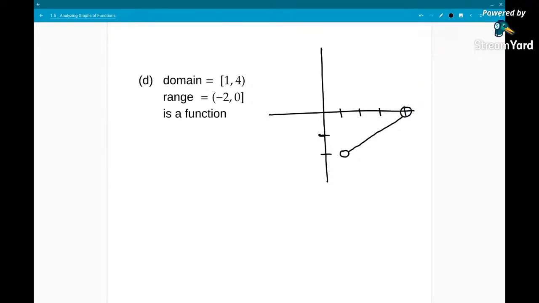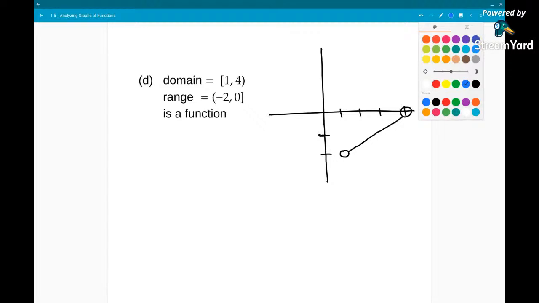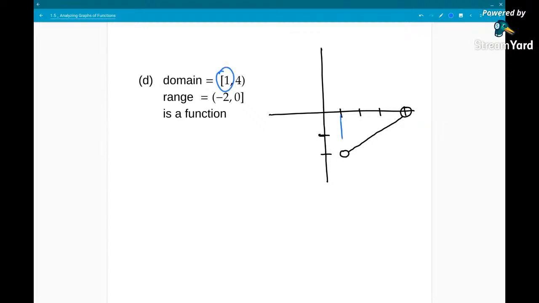Just going through this, hopefully now. Does 1 pair with something? Yes. Does 1.1 pair with something? How about 1.9? How about 2, 2.5, 3, 3.5, 3.8, 3.999? Yeah, all of those have a pairing. So up and including 1, but not including 4. That's what this is showing.